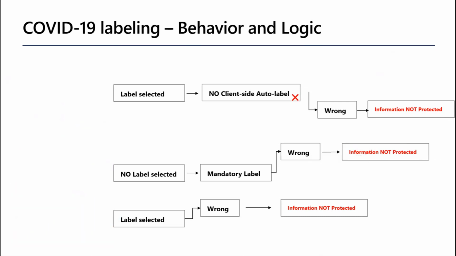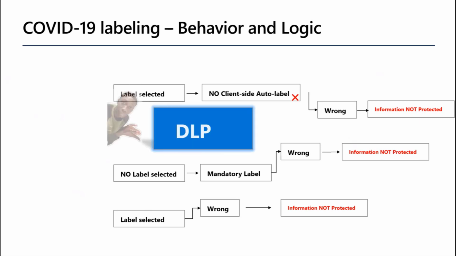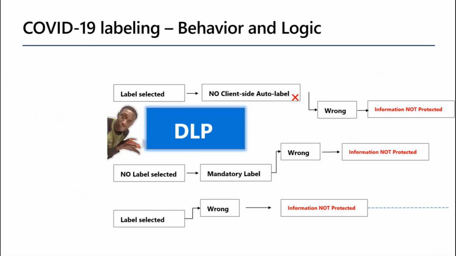So here you go. We have three possible situations in our design, or what we call logic, where we have potential information protection violations. So you may wonder, what can we do to fix that? The answer is DLP. With DLP, and as we will discuss when we start the DLP episodes in this series, we can set up DLP policies that look for our COVID custom SIT in emails and documents and block them on the way out.